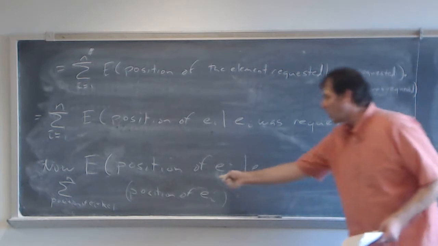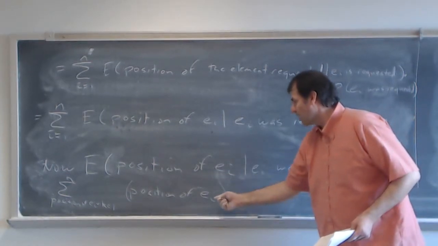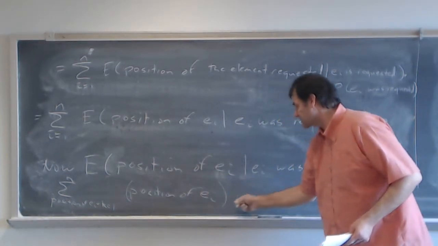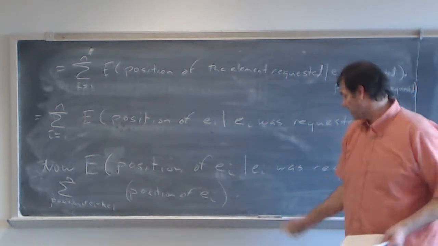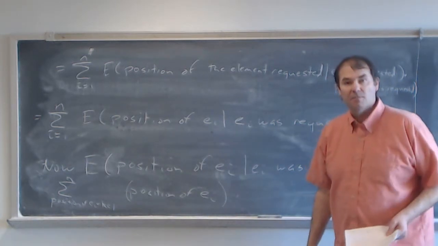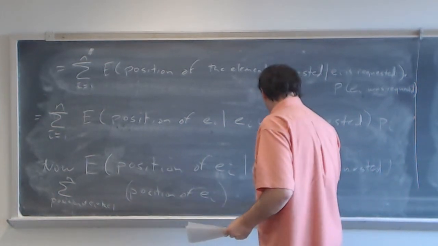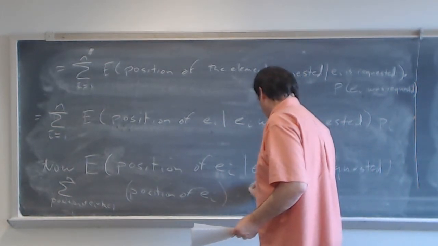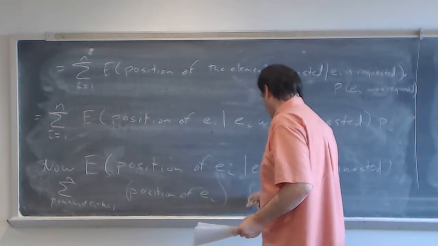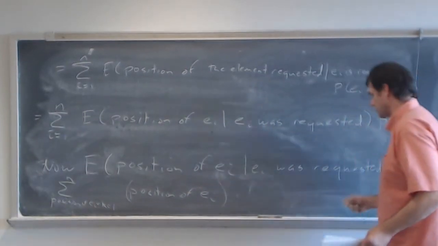It's the sum over all output values of this, times the conditional probability mass function of the position of E_i given that E_i was requested.